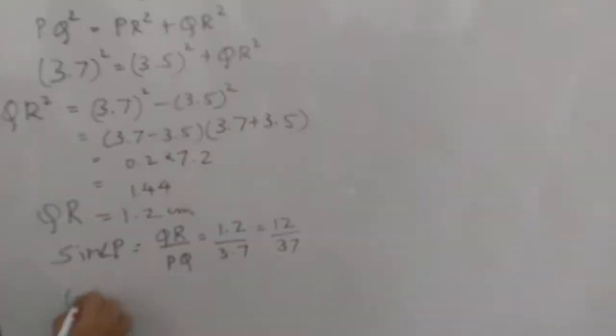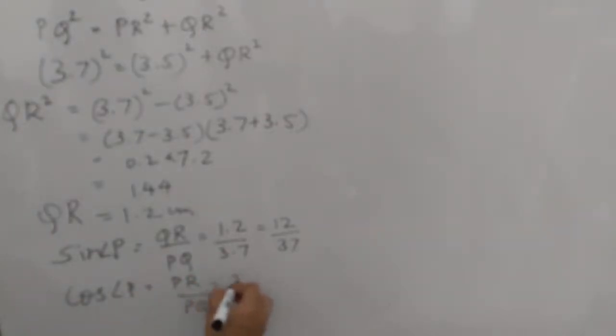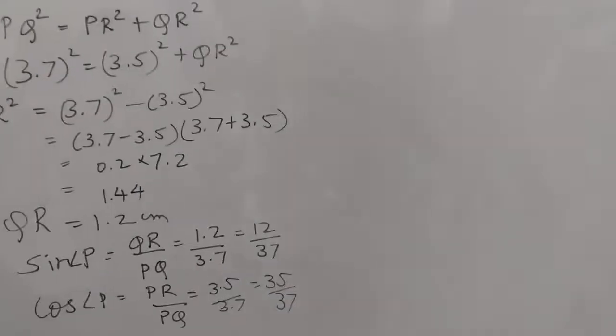Then I write cos of angle P. Cos is adjacent PR upon hypotenuse PQ. So that is 3.5 upon 3.7, which means 35 by 37 by removing the decimal point. And the third is tan P. Tan means opposite upon adjacent, as you all know.